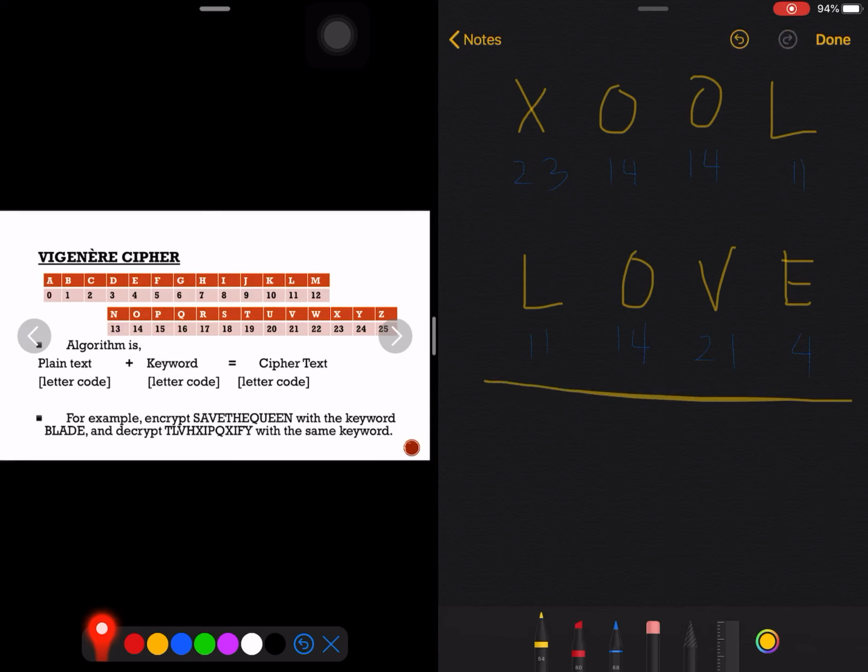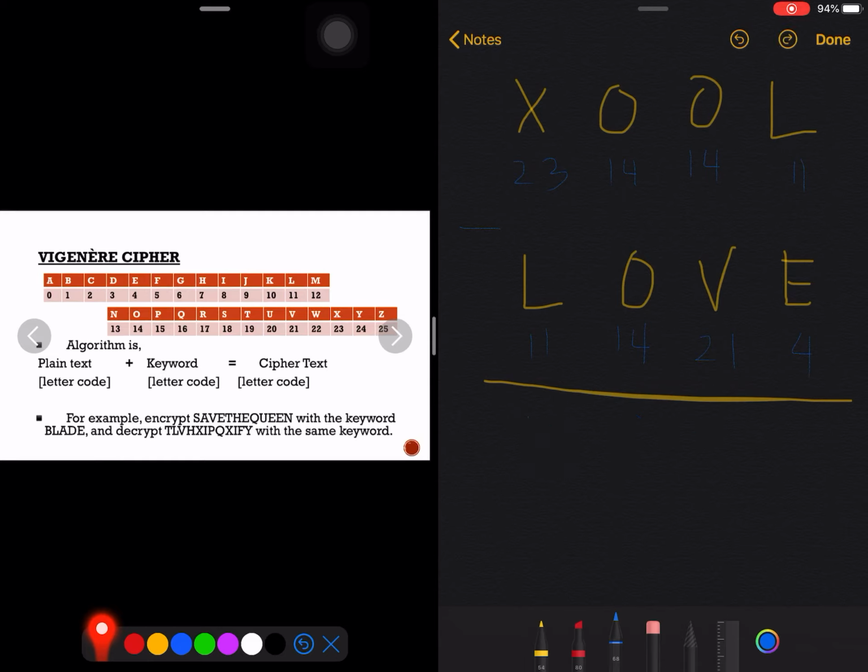This time we are decrypting, guys, decrypting, so this has to be minus, all right, not plus. So subtract this time, 23 minus 11 would be 12. 14 minus 14 is 0. 14 minus 21, that's a negative 7.